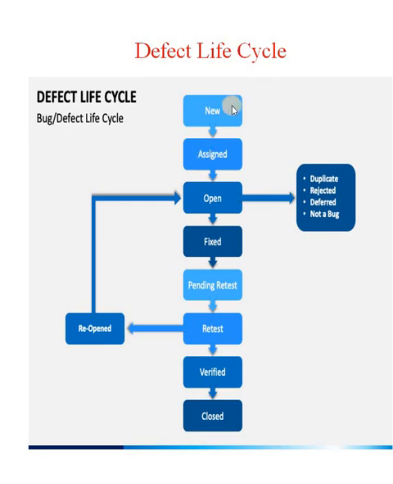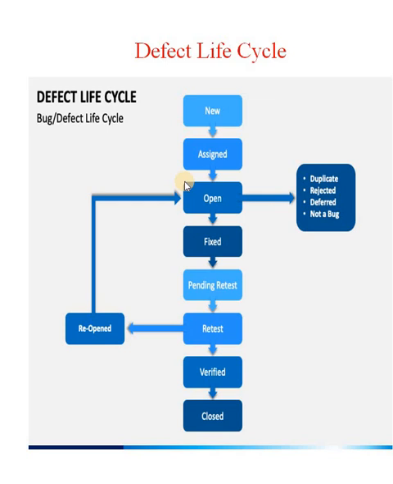Then from new you go to the second stage, which is assign. In the assign stage, the newly created defect from the new stage is assigned to the development team to work on it, because they can find the actual reason for the defect and fix it.